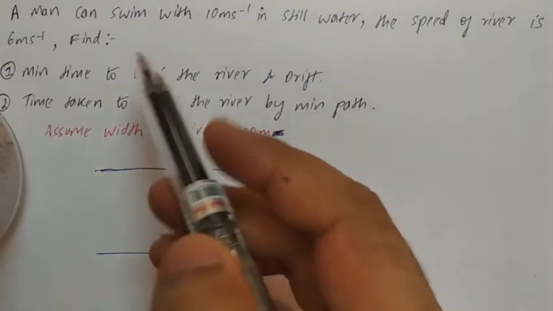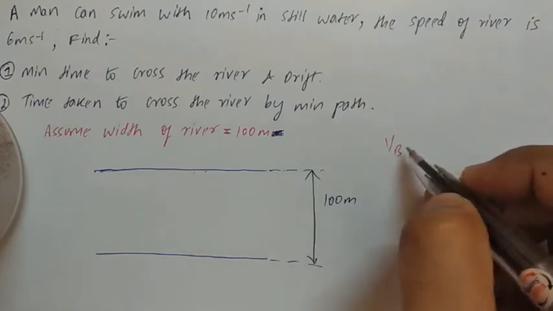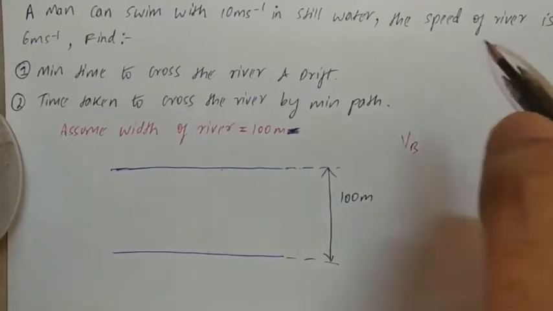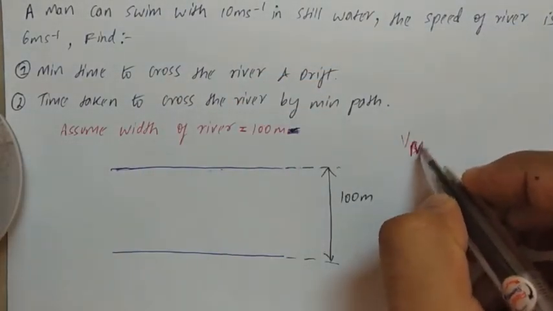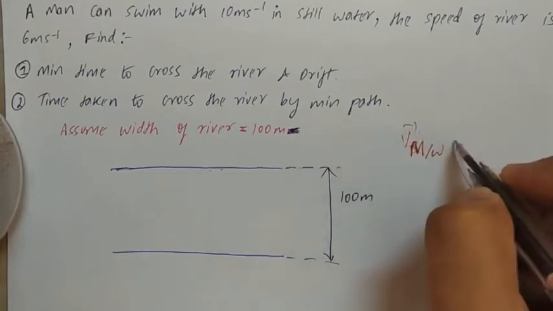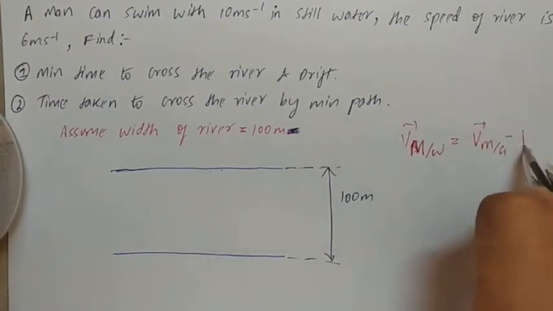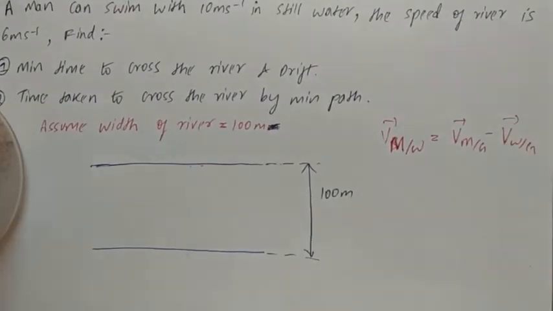Now first of all, we need to identify the different velocities, because in this formula there are two entities, that is man and water. So the velocity of man with respect to water can be written as the velocity of man with respect to ground minus the velocity of water with respect to ground.